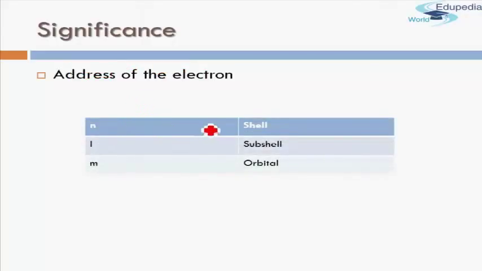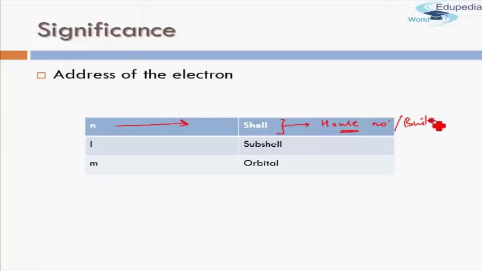So the first one, n. The first quantum number is n, which is the shell of the electron. Let's say it gives you the house number. Once you have reached your house, that is the building number.